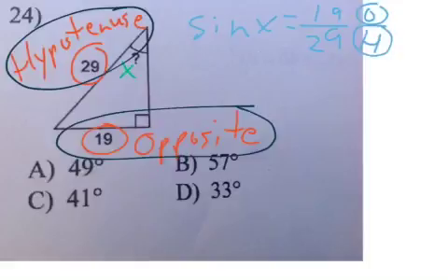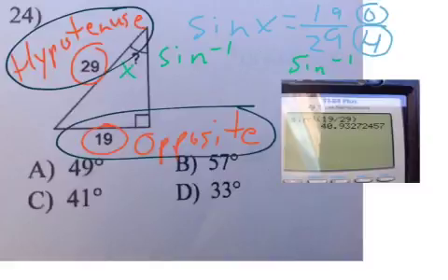And similar to the last problem, how do we solve for x? We're going to do the sine inverse on both sides. Sorry, I don't have a lot of room here on my screen, but I'm going to do the sine inverse and post a picture of my calculator right now.